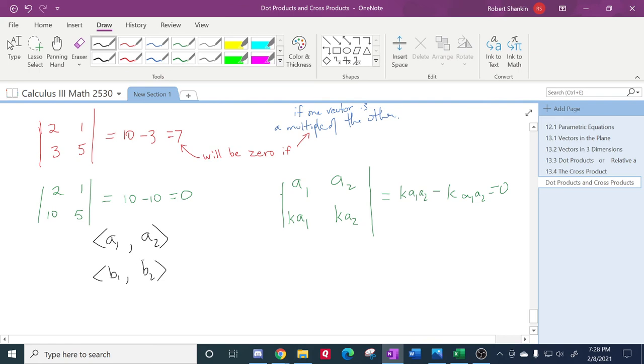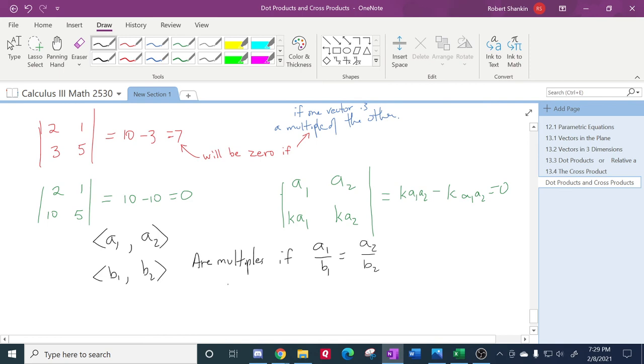Another way to look at it is, one vector is going to be a multiple of the other if the ratio, this to this, is the same as this ratio. So that would be, in this case, 2 to 10 is the same as 1 to 5. They both reduce to 1/5. That tells you that they're multiples.